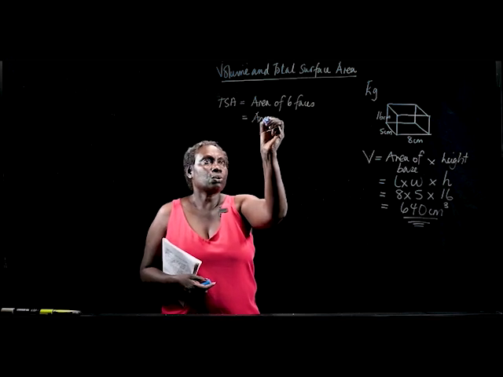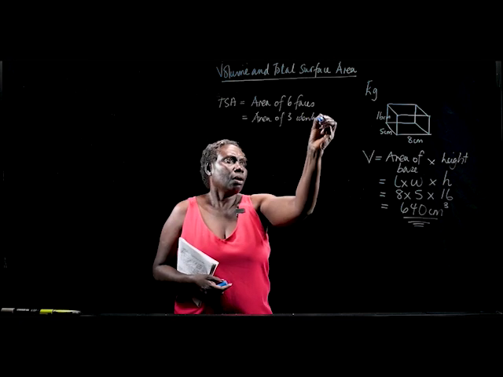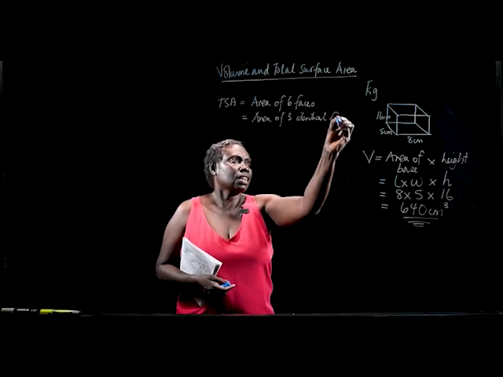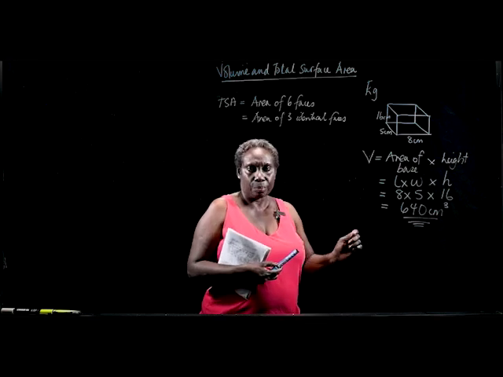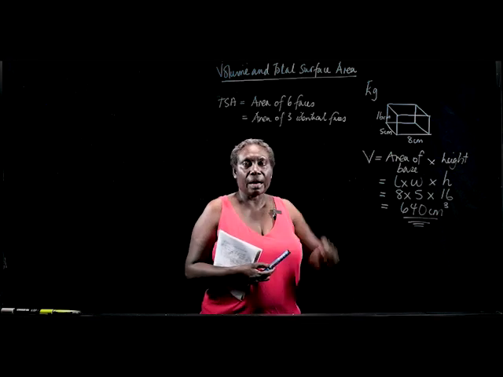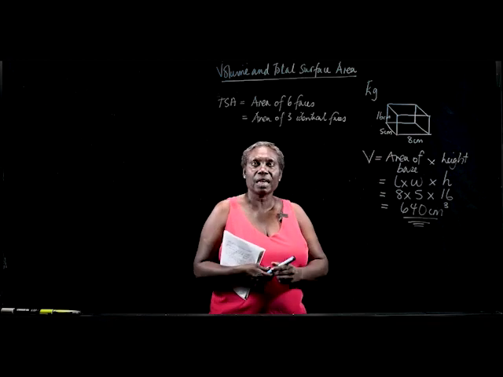And that is equal to the area of 3 identical faces, as we can see from the cube. The top and the bottom are same. The front and the back are same. And the right and the left side are also the same.